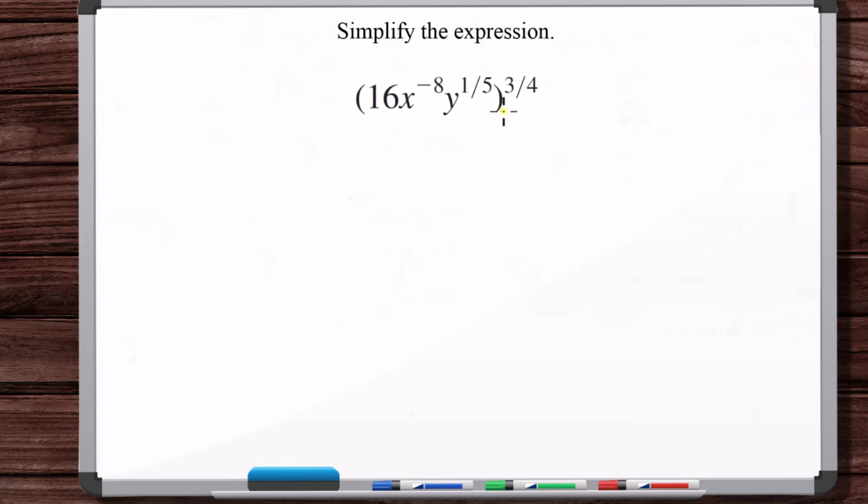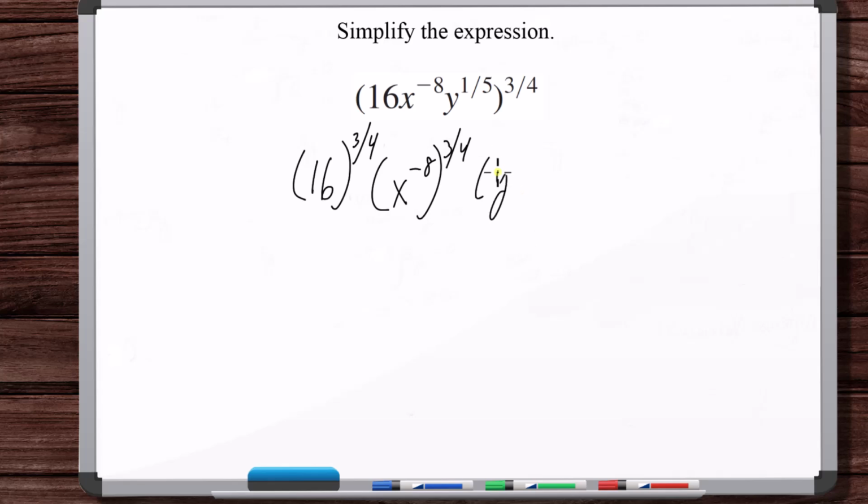Okay, same idea in that just because we have rational exponents doesn't mean that we can't apply the properties of exponents. We know we can write this because we know that a times b times c to the n power is a to the n, b to the n, c to the n, right? So we can just write this as 16 to the 3/4, x to the minus 8 to the 3/4, y to the 1/5 to the 3/4, and then we apply the properties of exponents again.